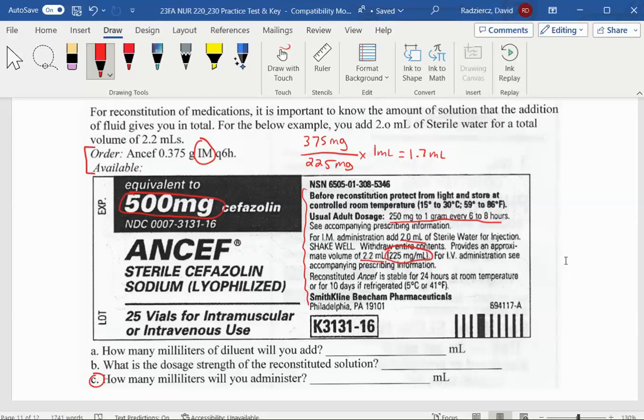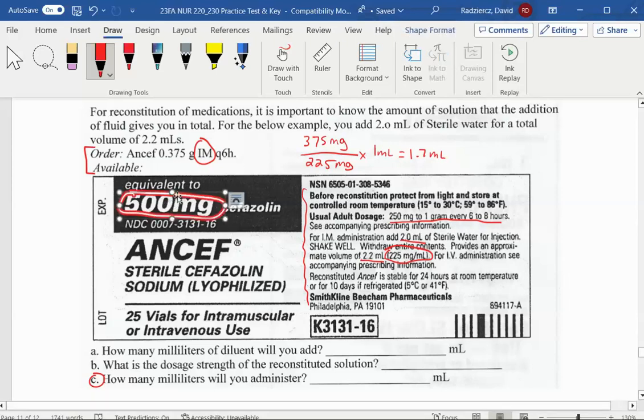reconstitution labels. You will see a label that will give you the strength, 500 milligrams, but it's an intramuscular injection. So you know, because you've done these calculations and some of your clinicals at this point, that an injectable is going to be measured in milliliters. Normally, this would say 500 milligrams per mL, or per 2 mL, or per 5 mL, whatever it happens to be, but it doesn't say that.